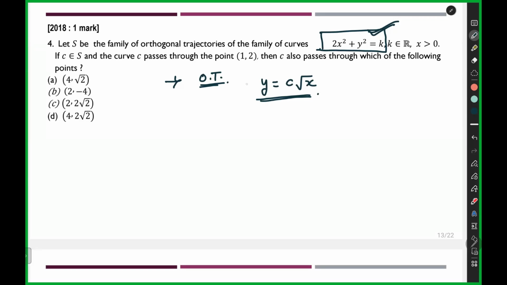Is there any student who is having a problem in getting the orthogonal trajectory as y equals c root x? If there is, I can tell how we have to solve this to get this orthogonal trajectory, or should I proceed with the next part of this question?